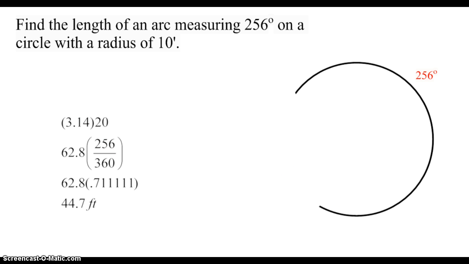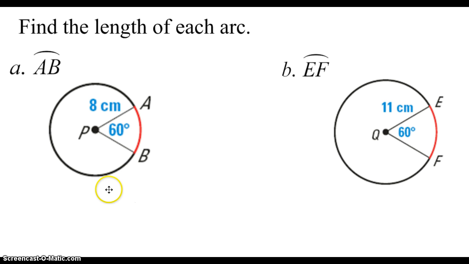So please try these two problems. I'd like you to do these on your own. There's really no difference. They both have 60 degrees as the central angle or the measure. You're finding the length of AB here. You're finding the length of EF here, and the only difference is the radius.